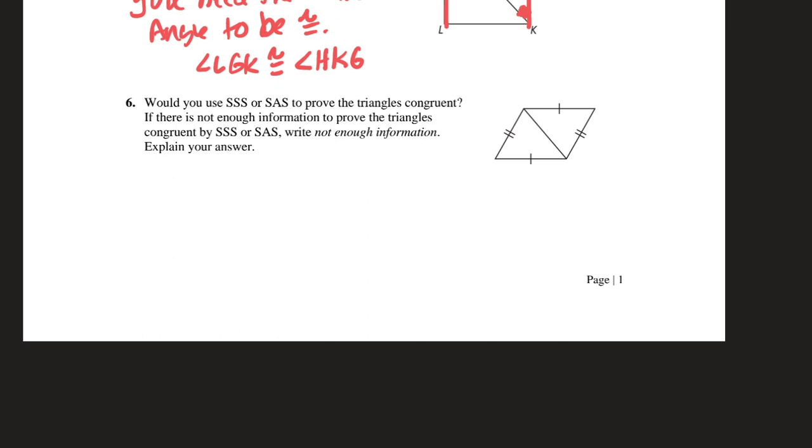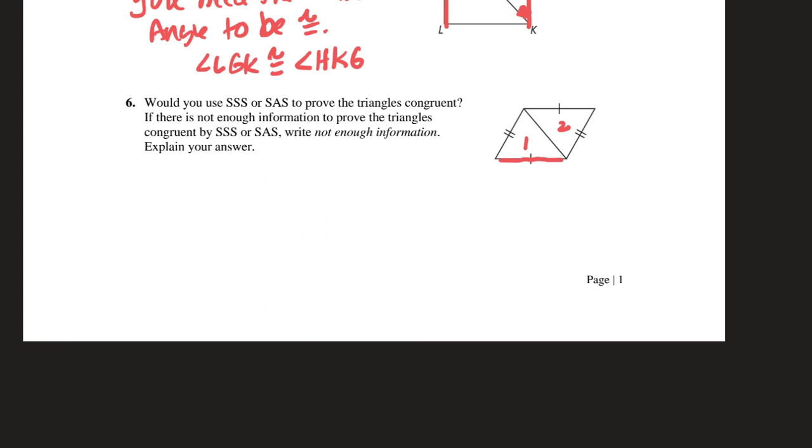Number 6, would you use side, side, side or side, angle, side to prove the triangles congruent? If there's not enough information to prove the triangles congruent by side, side, side or side, angle, side, write not enough information. So we have this triangle and we have this triangle.